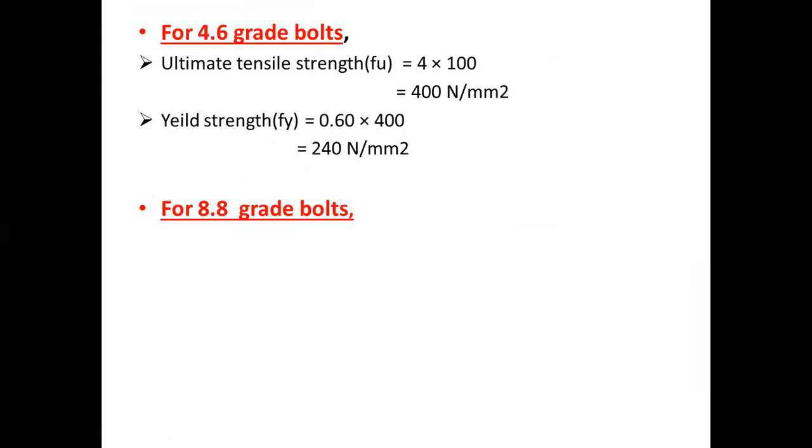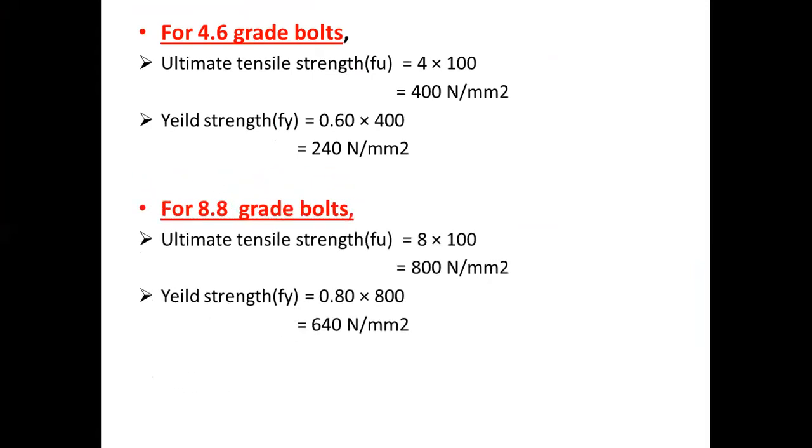Another is yield strength, denoted by Fy, also with the unit Newton per mm square, right? So last time we found the properties of both 4.6 grade and 8.8 grade bolts, the ultimate tensile strength Fu and yield strength Fy. I hope you understand this grade of bolt and its properties.